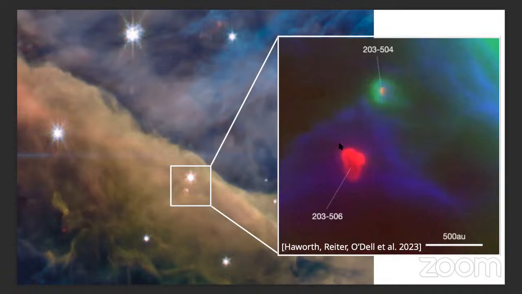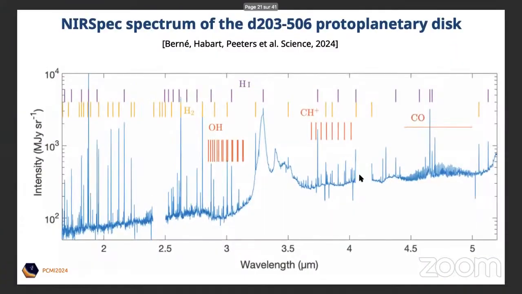203-506, which is this one at the bottom, and 203-504 at the top. I will begin with 203-506 here at the bottom. This is the NIR spectrum of this object. It goes from 1-ish to 5-ish microns, and you can see that this spectrum is very, very rich.